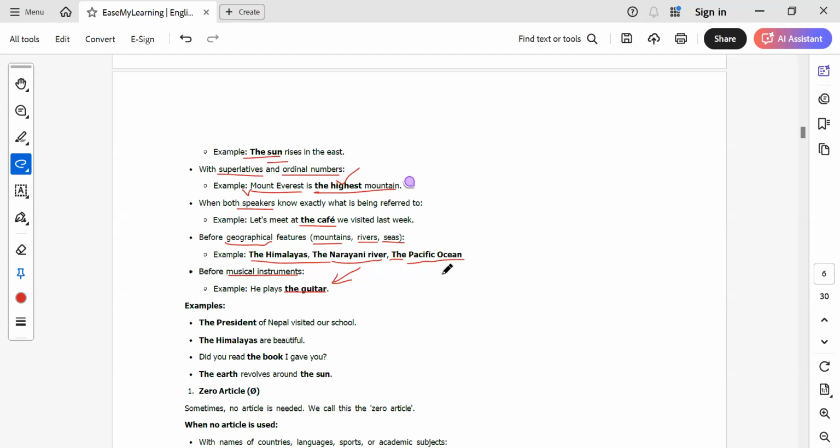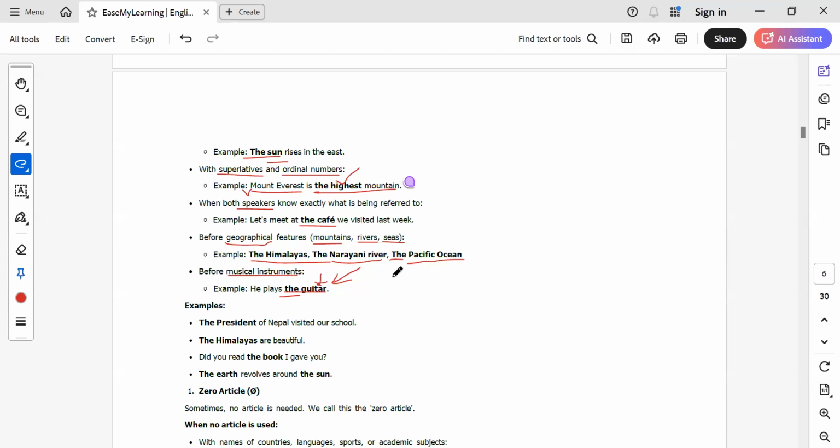But how English works is whenever we are referring to a musical instrument, we use the word the. That is because musical instruments are treated with a certain sense of respect in English. For example, he plays the harmonium. He plays the tabla. She plays the sitar. She plays a sitar is not correct.